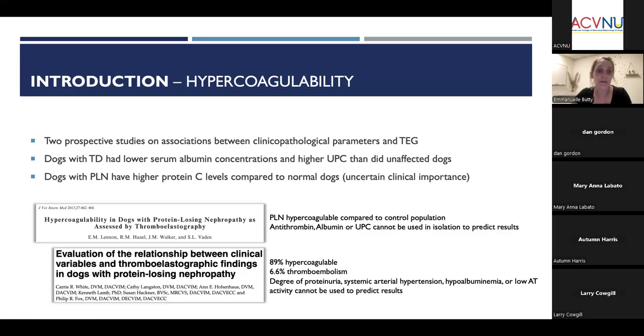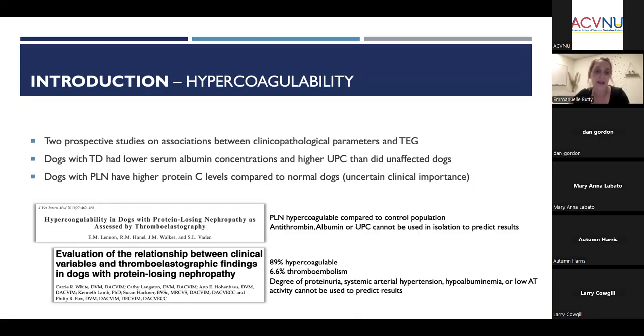So we have these two prospective studies here on the association between the clinical pathological parameters and the TEG results in PLN dogs. The first one showed that the PLN dogs were hypercoagulable compared to the control population, but they also showed that antithrombin, albumin, or UPC could not really be used in isolation to predict these results.